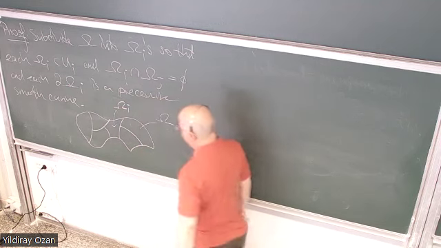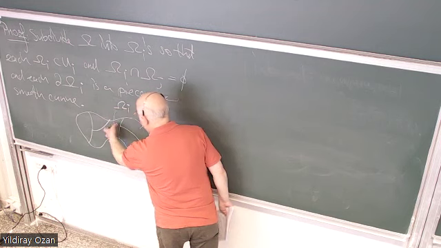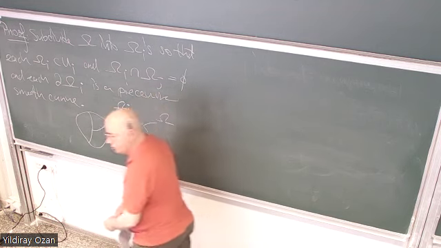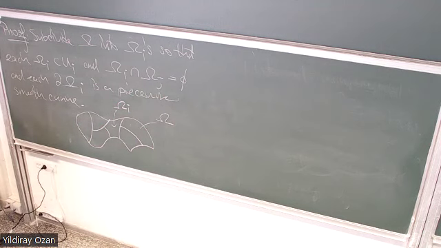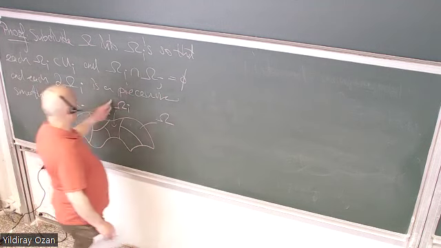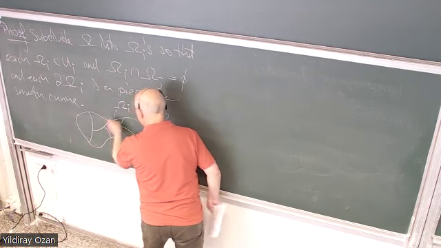Omega i's are these pieces. This omega i is just the interior of this gadget, okay? Interior. So when you take the boundary of that, it is this gadget.